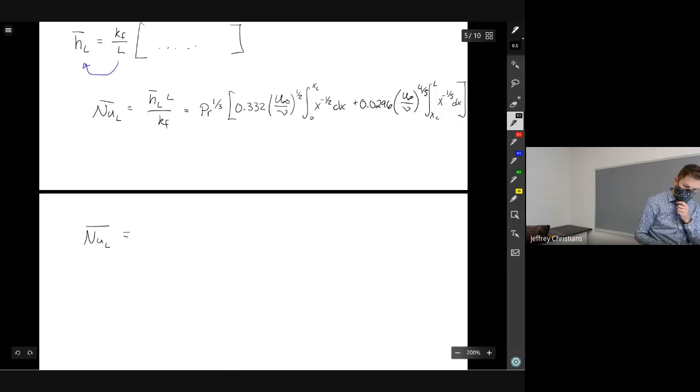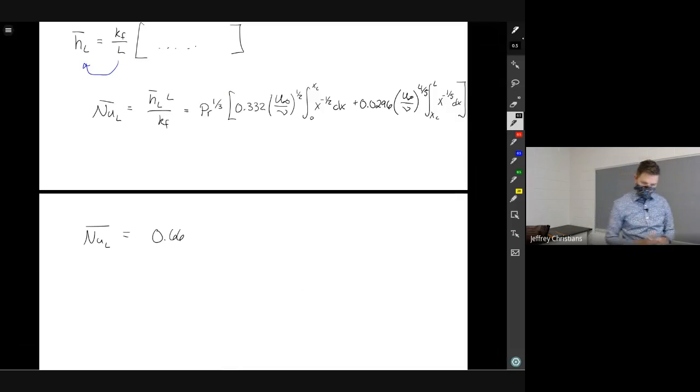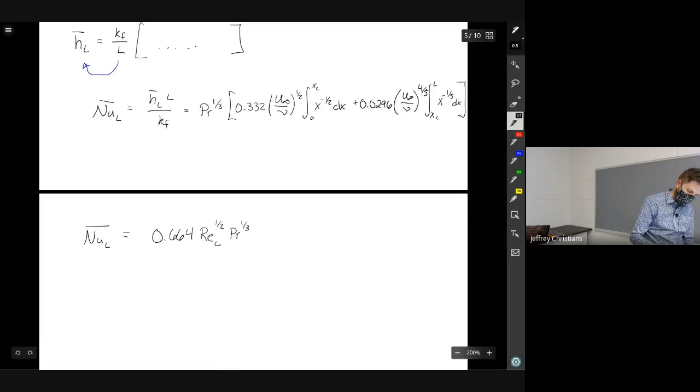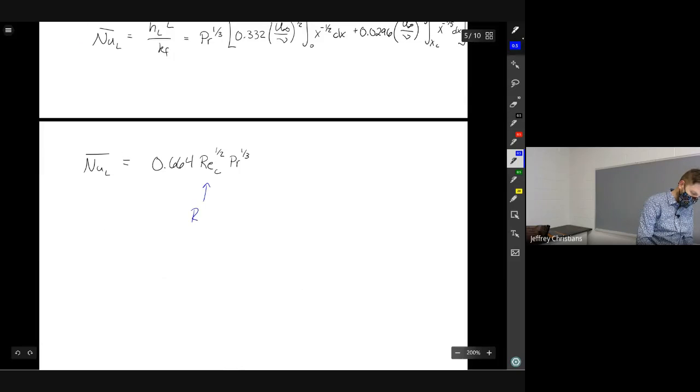the Nusselt number would be equal to 0.0296 664 times the critical Reynolds number to the 1/2, Prandtl to the 1/3, right, where this is U infinity XC.